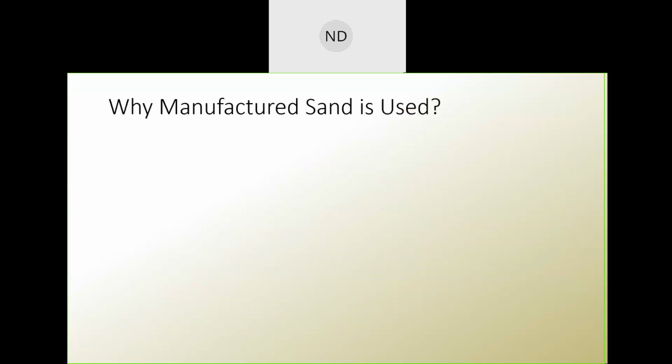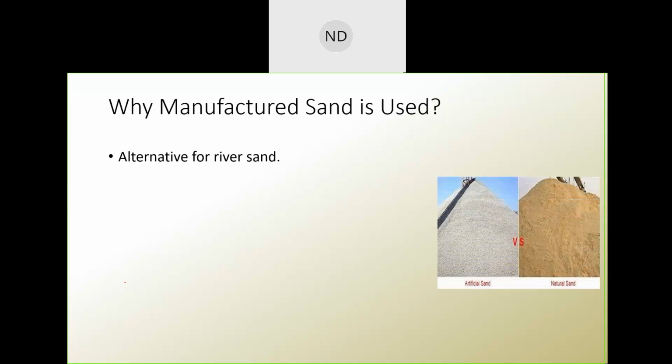So why do we use this manufactured sand when we already have natural sand in the riverbed? Because it is an alternative for river sand. There is a difference between them: this is your artificial sand, and this is your natural sand.